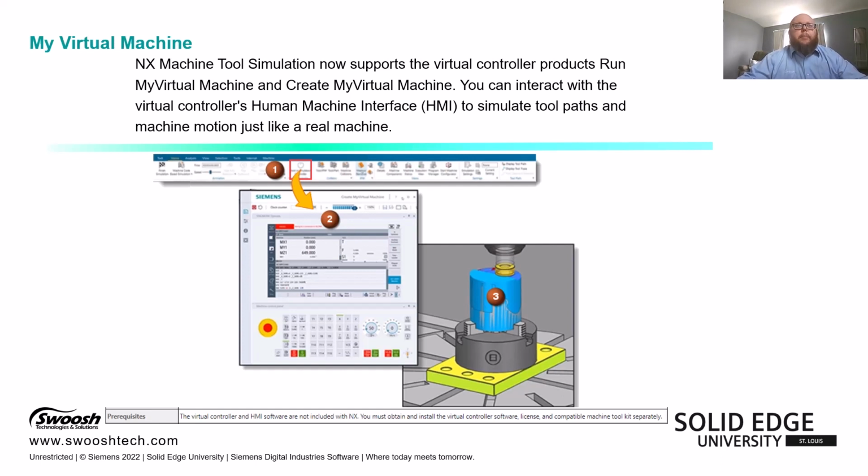And it's taking that and embedding this strategy inside of CAM Pro. So this is really taking machine simulation to the next level. We're really running the simulation as if it were being driven by a machine control, and specifically your machine control.